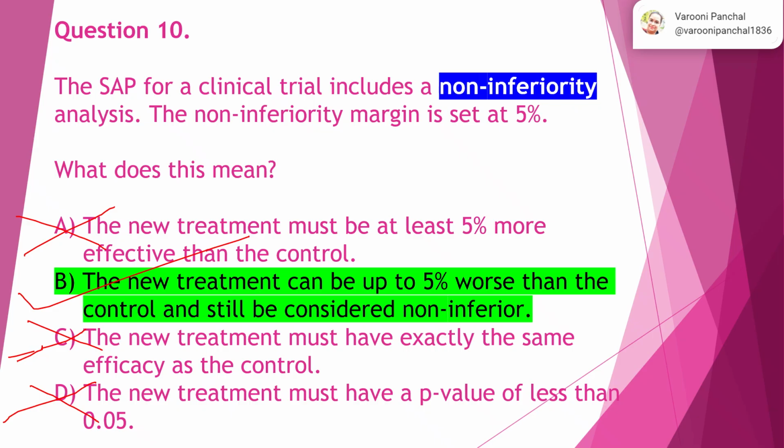Out of 10 questions, one question is allowed to have a wrong answer, but you should ensure that the other 9 answers are correct. So a small chance of being wrong is allowed, but not more than that. Similarly, the new treatment for a specific disease can go worse by up to 5%, and that is allowed, but not more than that. This is the meaning of the margin being set to 5%.